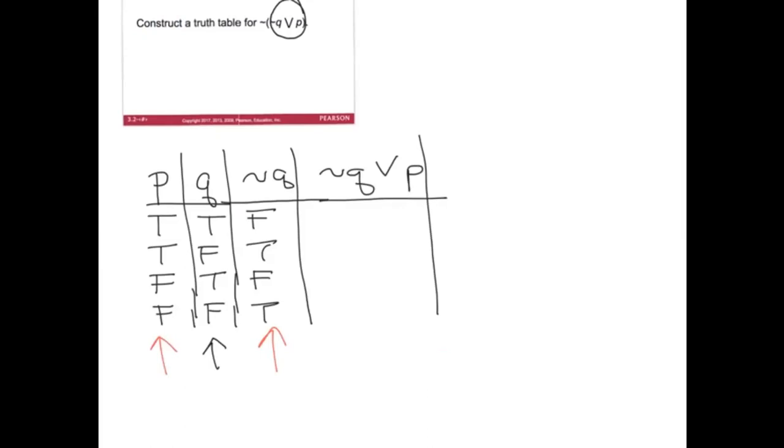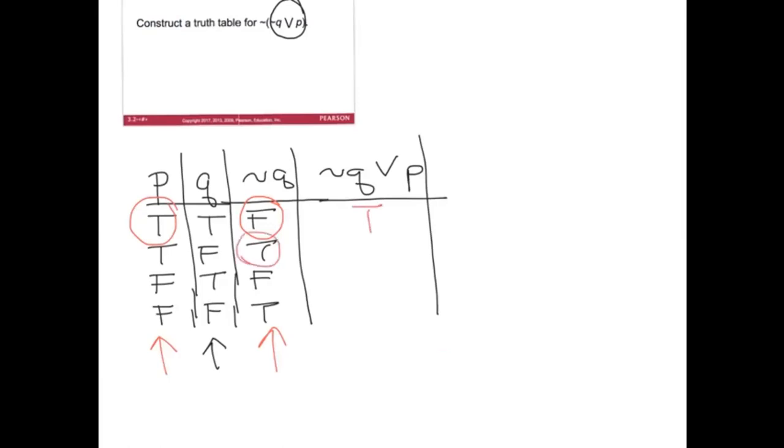So disjunction is always true unless both the first and second statements are false. So remember, you have to go in order. So my first statement is false, my second statement is true. I did get a true value in one of the statements, so the disjunction would be true.